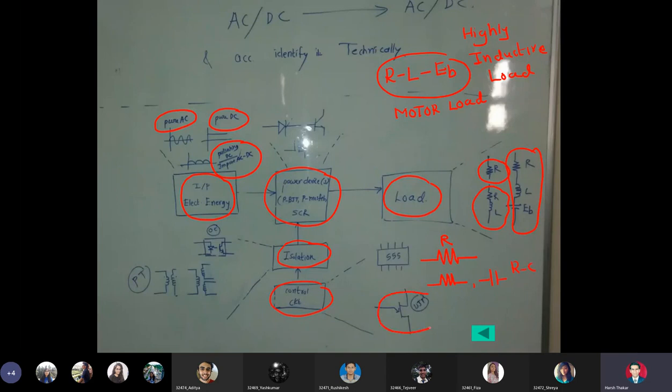We can have a unijunction transistor to trigger, that is already there. One of the kits is entitled synchronized UJT triggering, and in the IC category we can have a 555 timer triggering a MOSFET. As far as isolation is concerned, we can have a pulse transformer, PT. PT does not mean potential transformer, it is pulse transformer.